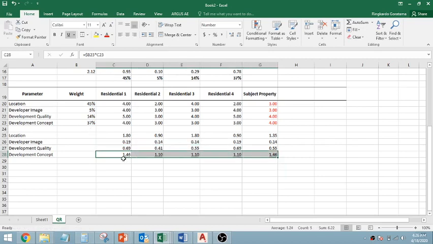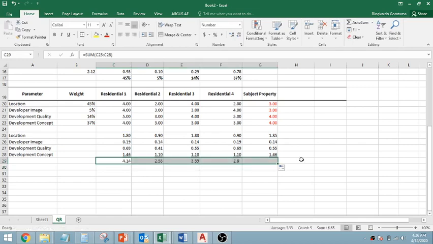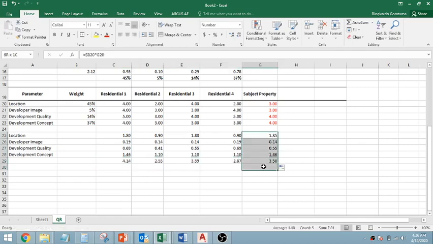So the total score for residential 1 is 4.14, and the score for our subject property is 3.5. So what we can see is that our subject property is on par with residential 3. The score is almost the same.